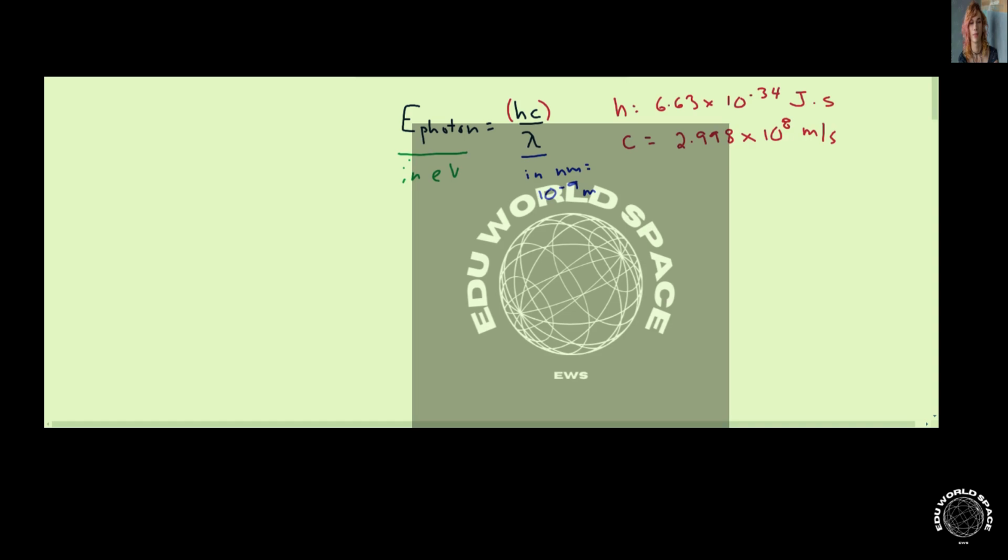So the first thing that we'll do is we'll take h and we will multiply it by 1 eV per corresponding number in joules.